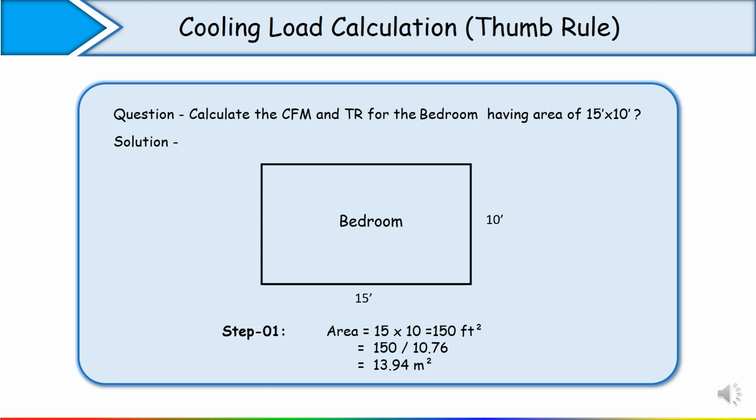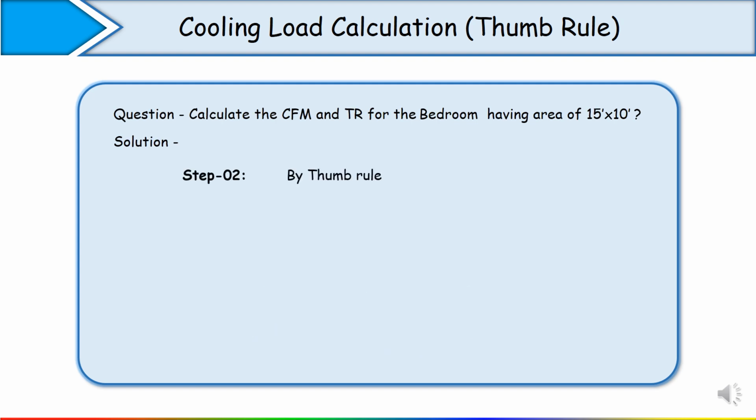So once you have calculated the area, now by using the thumb rule, we know that a bedroom comes under which application, residential, commercial or industrial? All of you know it is residential. So as per that you have to use the formula here.